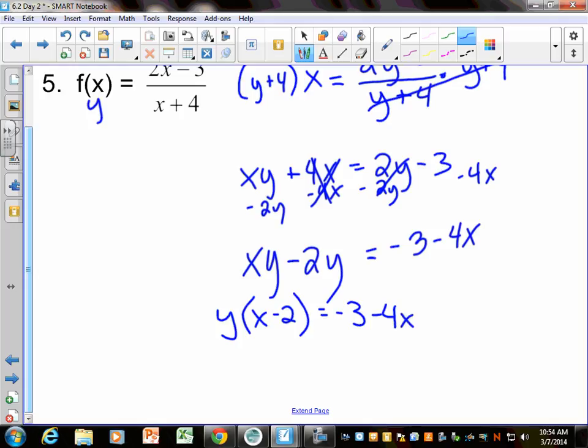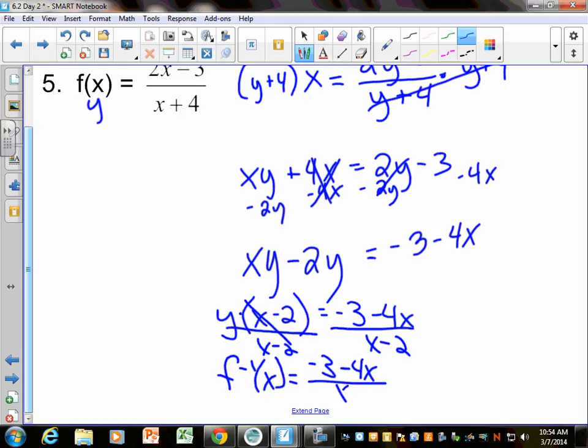And then hopefully you can see the light at the end of the tunnel here. To get y by itself, now that this is multiplication, can you just divide x minus 2 over to the other side? Which means that my inverse is negative 3 minus 4x over x minus 2.